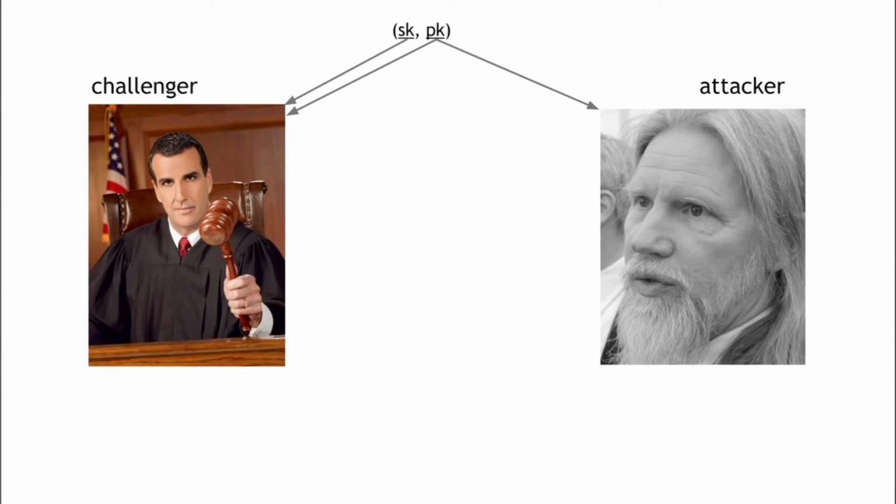Now, if you think about a real-life application, a real-life attacker would be able to see valid signatures from their would-be victim on a number of different documents. And maybe the attacker could even manipulate the victim into signing innocuous-looking documents, if that's useful to the attacker. So in our game, we're going to allow the attacker to get signatures on some documents of his choice.